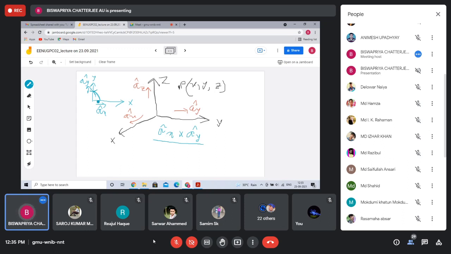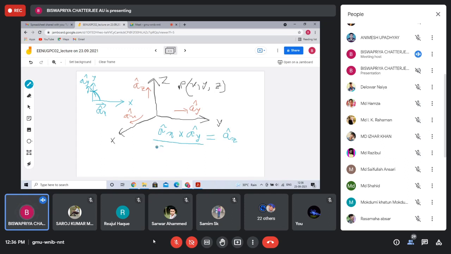It will generate a third vector directed along A Z.